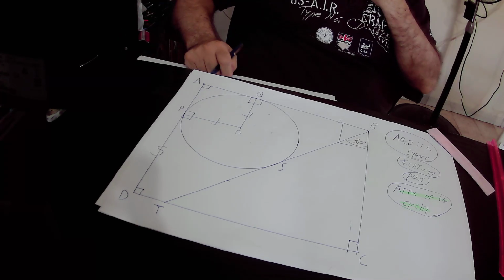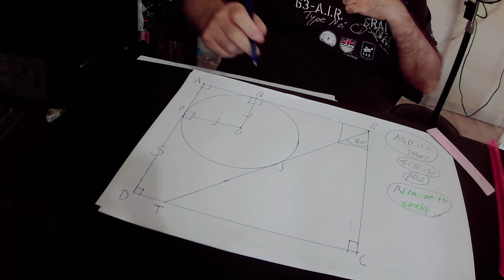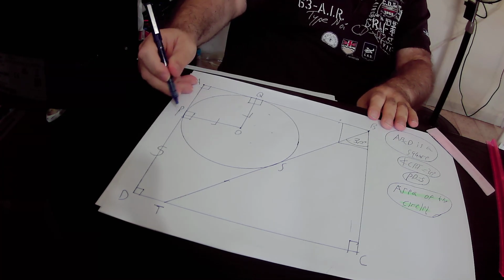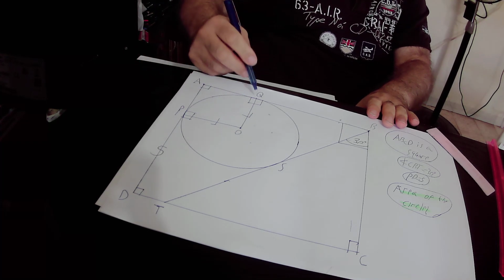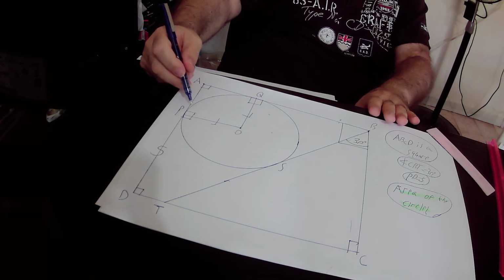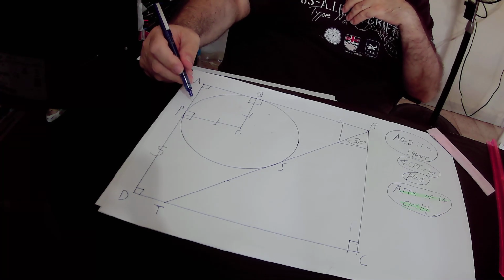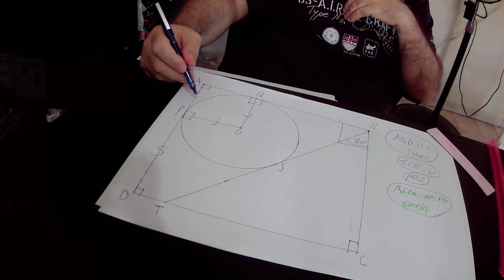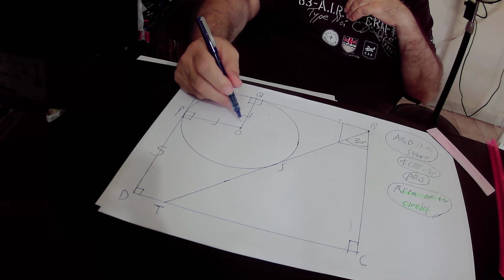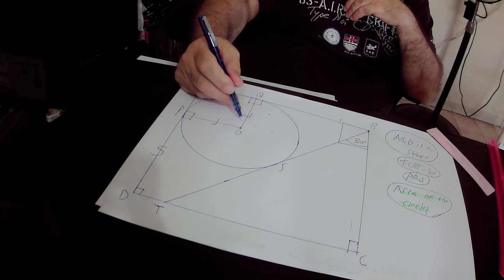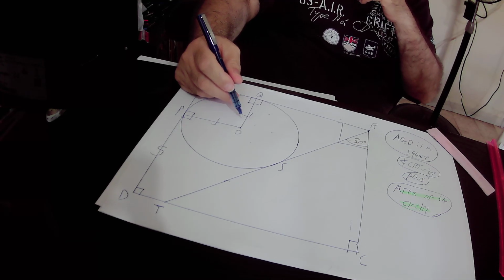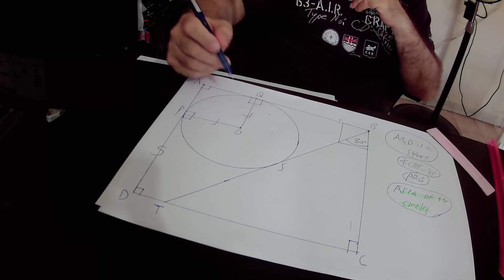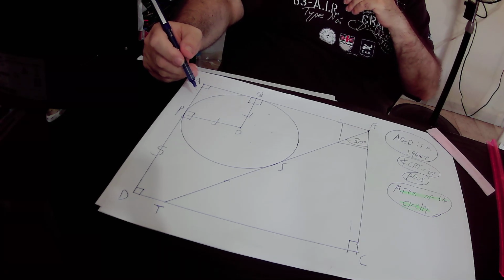Okay, so actually inside quadrangle AQPO we have 1, 2, 3 right angles. The sum of 3 right angles is 270 degrees plus the size of the fourth angle. In total, the sum of those 4 angles must be equal to 360 degrees, according to the rule that the sum of the angles in any quadrangle is equal to 360 degrees.